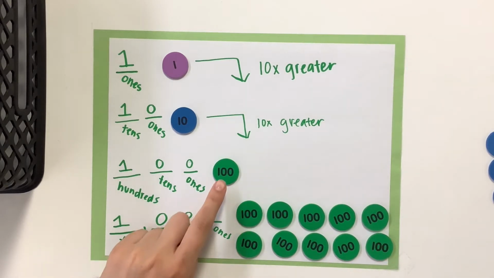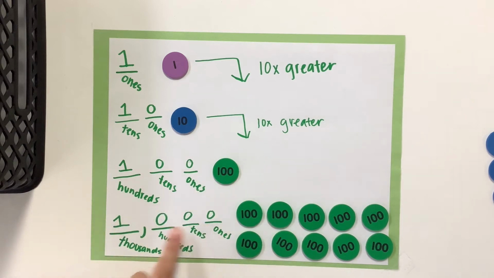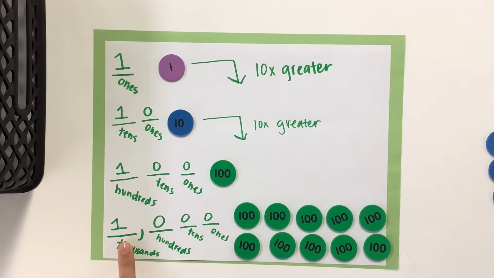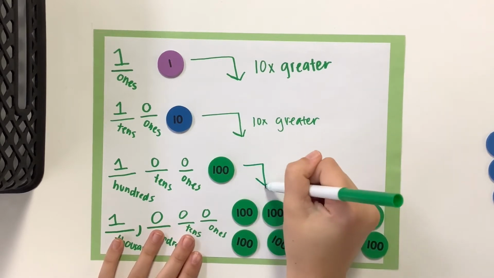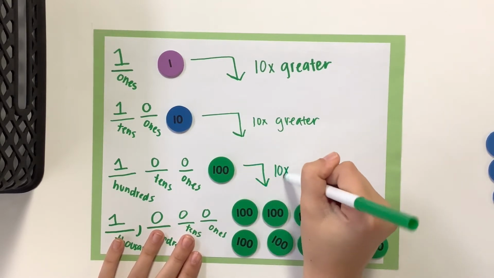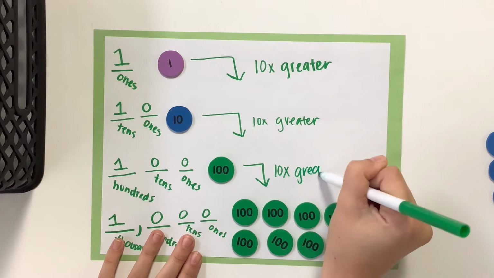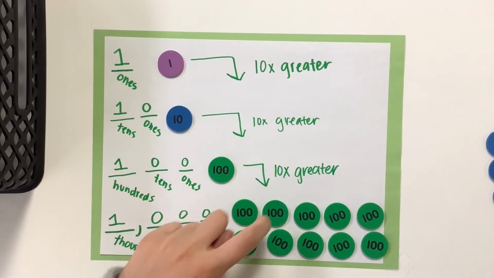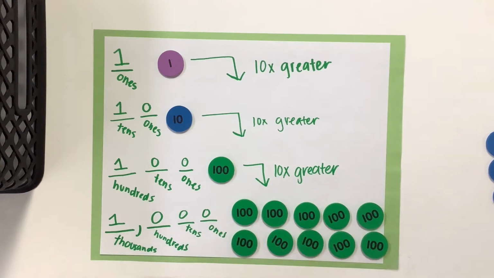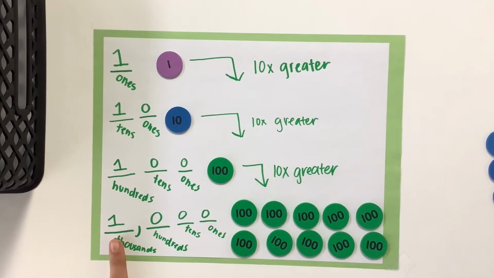What happened to that 100 when I moved it one place over to the left? You might say it just got 10 times greater. 100 10 times equals 1,000. Do you think we could keep going with this pattern?